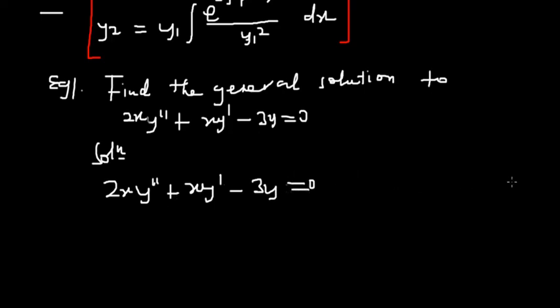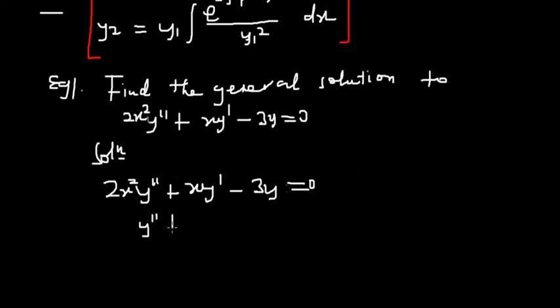Now, as I stated earlier, the coefficient for y prime prime has to be 1. So we divide throughout by 2x squared.